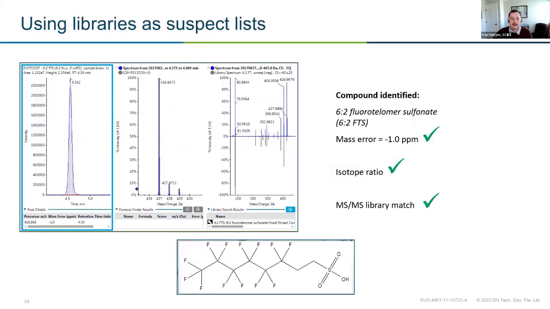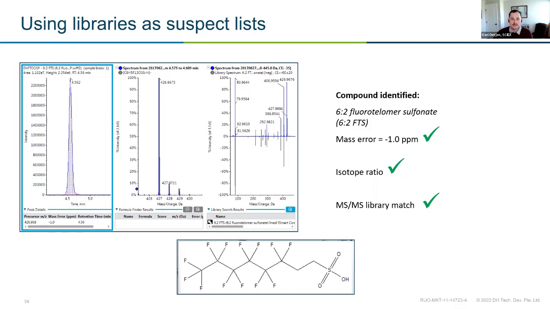So here we've got some 6:2 FTS, and we screened an unknown sample, and we're going to use the same criteria we talked about earlier to decide if, yes, this is truly 6:2 FTS. So we've got our mass accuracy. Again, we want that to be under 2 ppm ideally, but under 5 is acceptable. We've got our isotopic information from our formula.